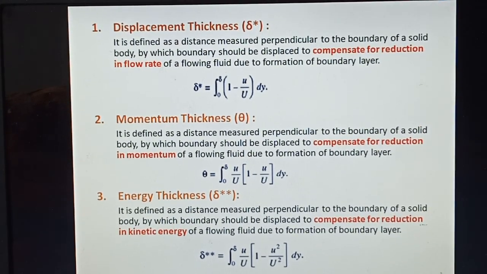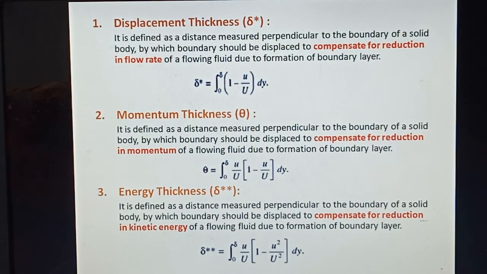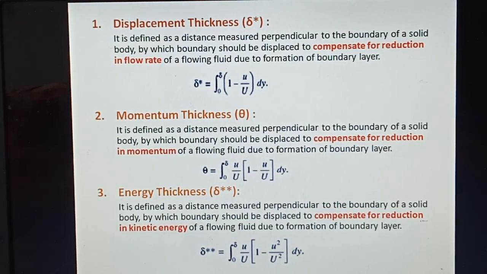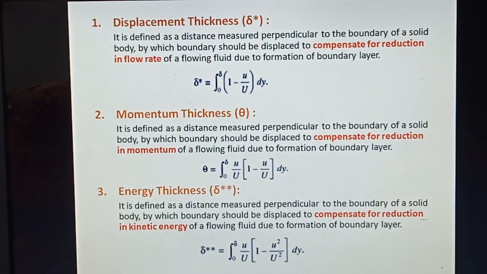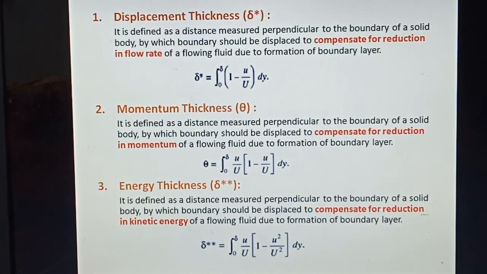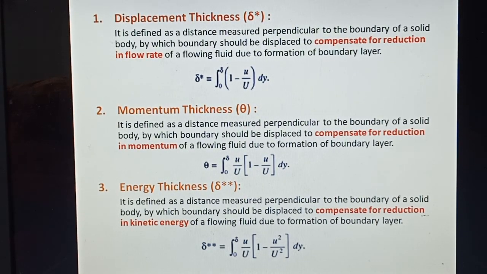The last is energy thickness, denoted by delta double star. As per the displacement and momentum thickness, energy thickness is defined as the distance by which the boundary of a solid surface should be displaced to compensate for the reduction in kinetic energy of a flowing fluid.